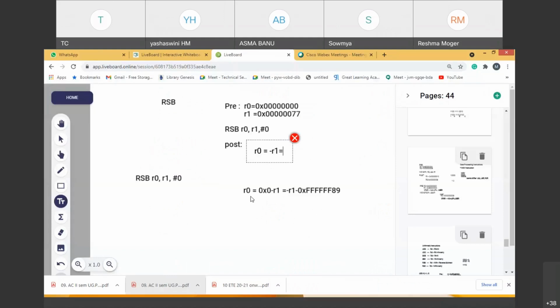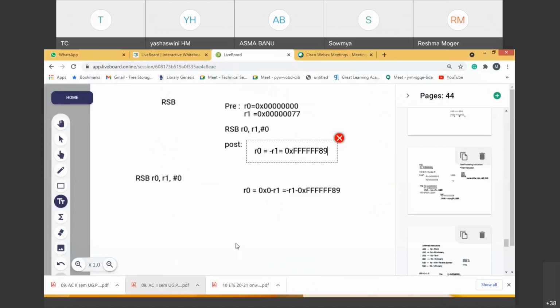So minus R1, I'll write 0xFFFFFF89. This is how you should write. So this is with respect to RSB R0. It means that it is just a reverse subtraction of two 32-bit values.